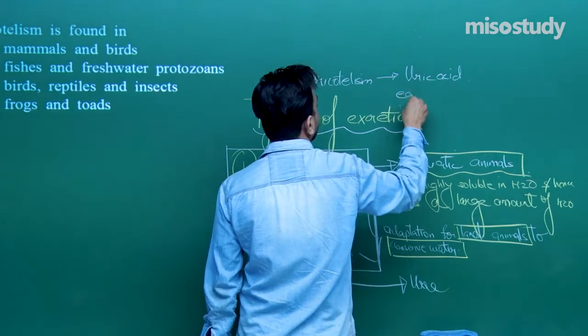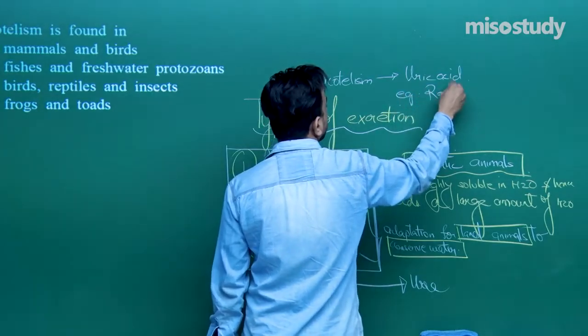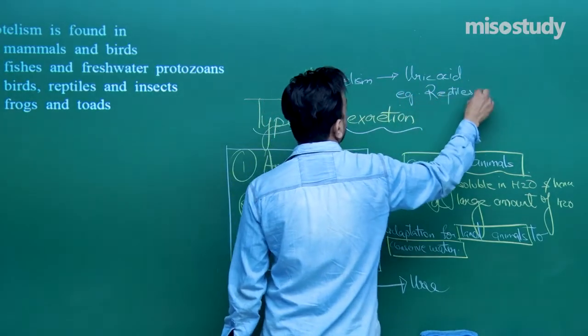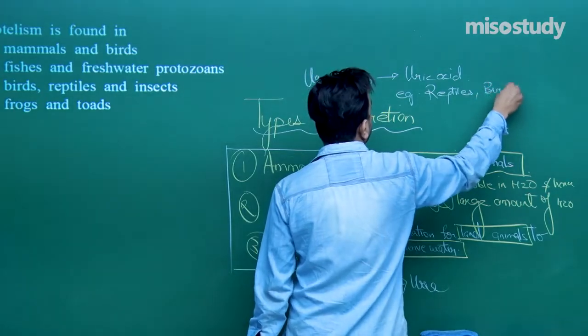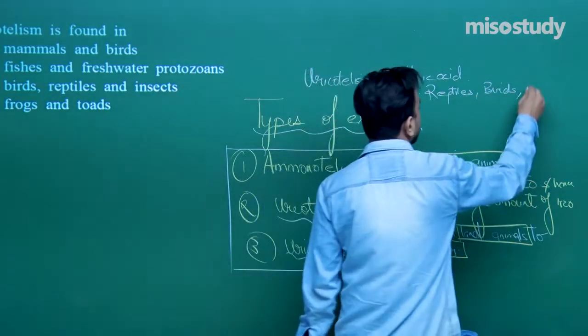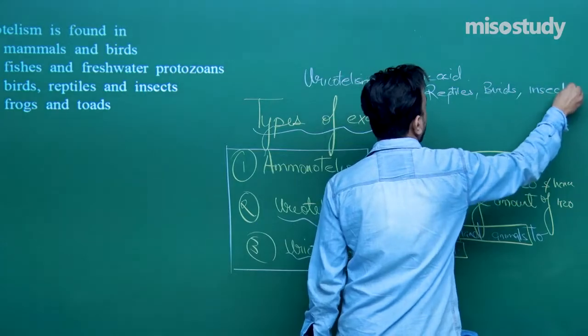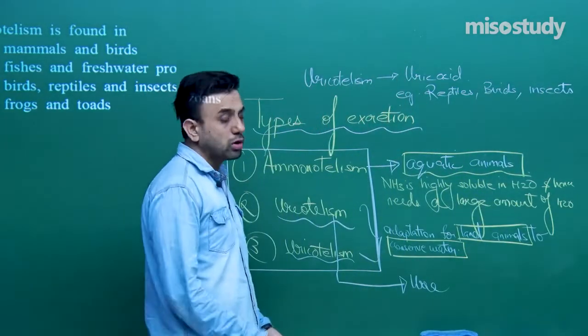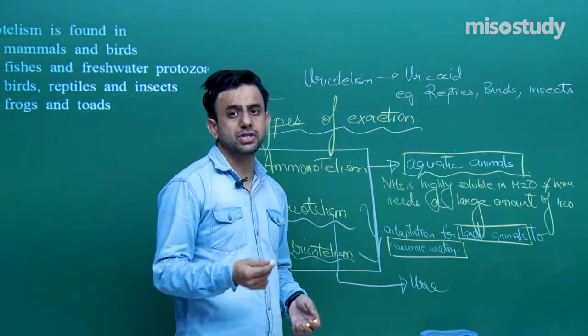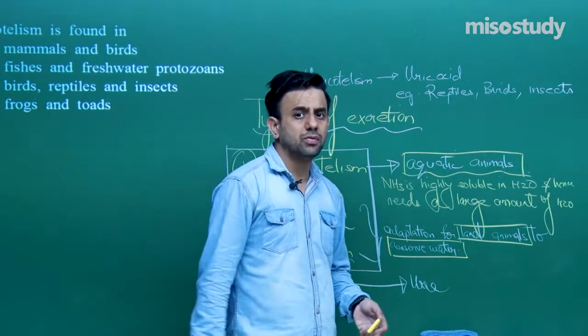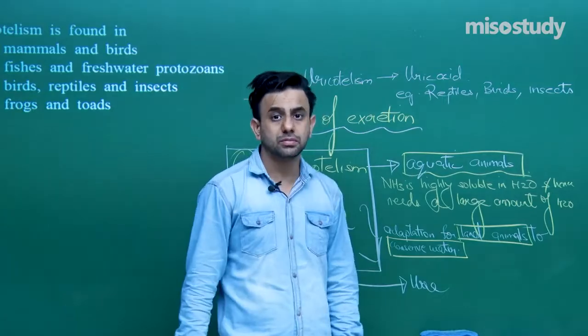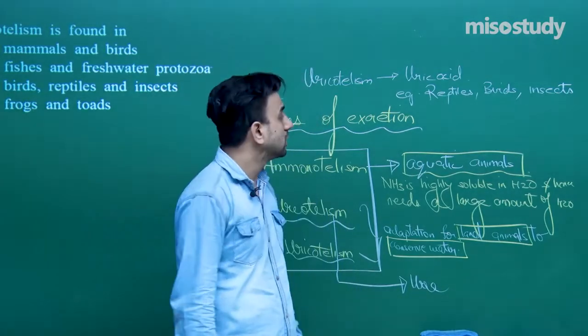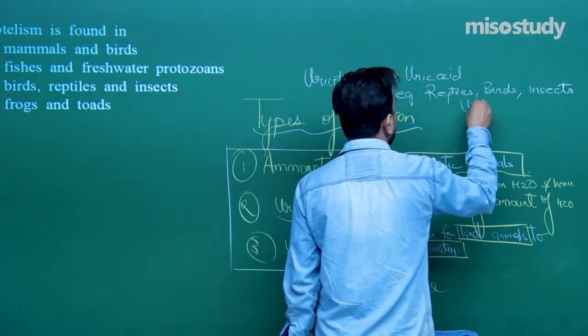for example in reptiles, birds, insects, etc. All those animals having uricotelism are the uricotelic animals, right?